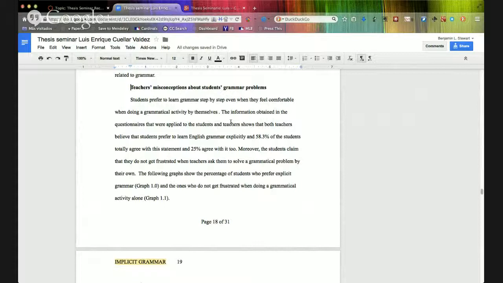What statement? The information obtained in these questionnaires that were applied shows that both groups believe that students prefer to learn English grammar explicitly. 58% of the students totally agree with the statement. 25% agree.